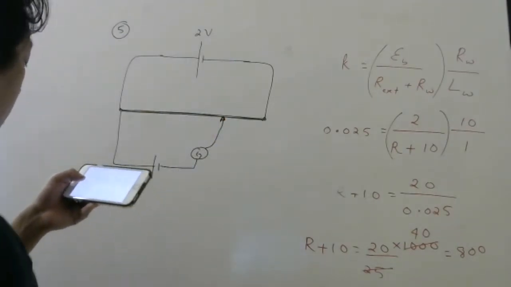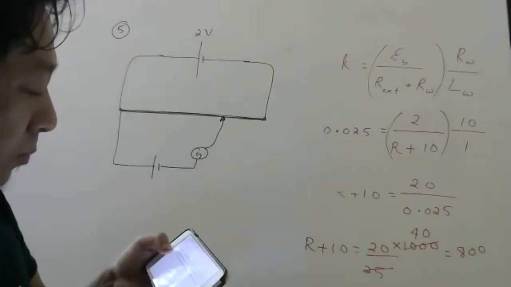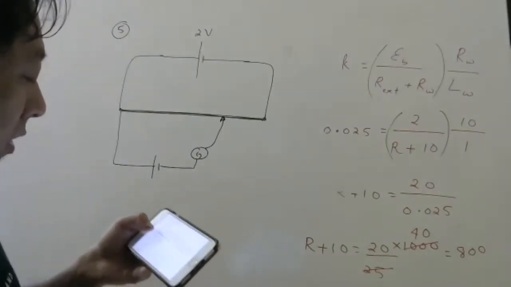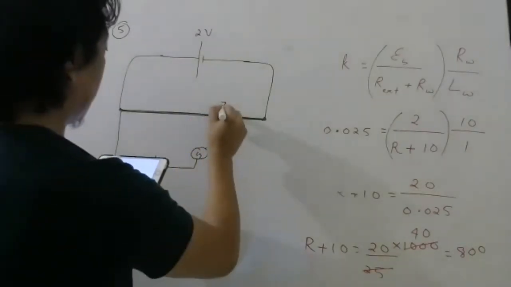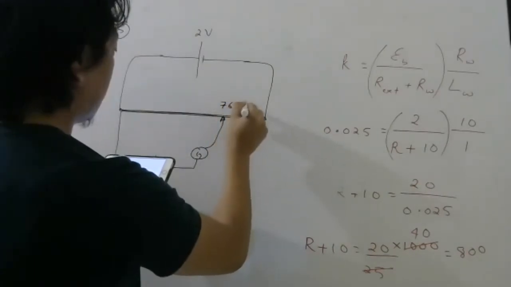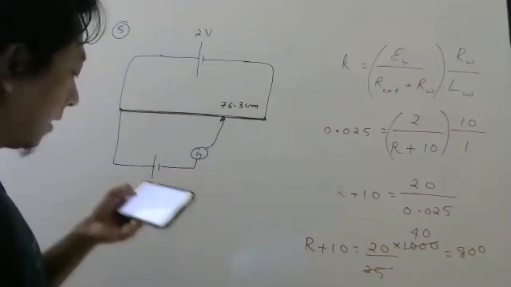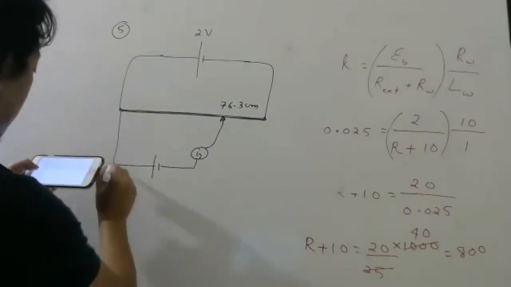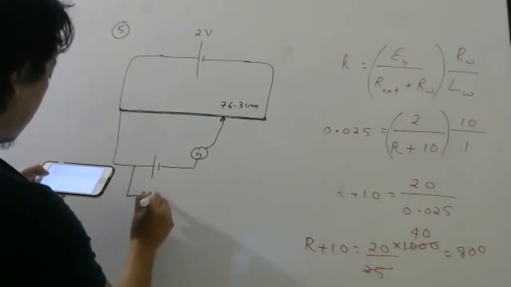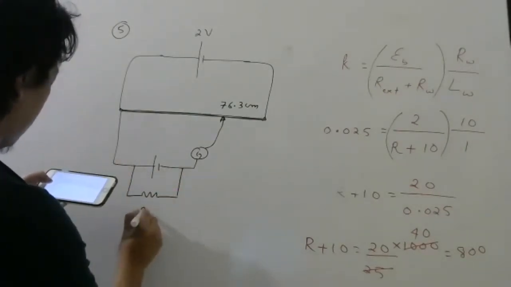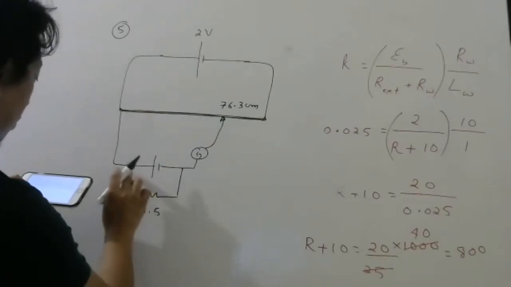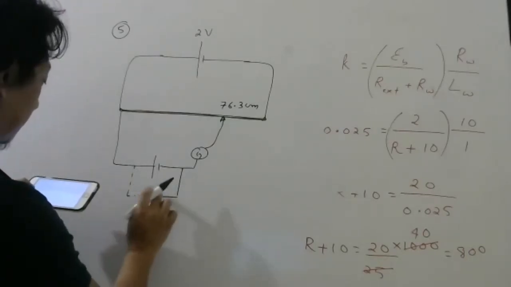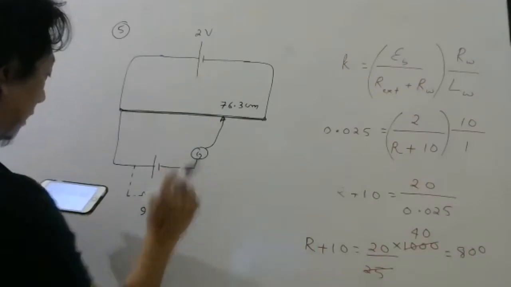The balance point of the cell in open circuit is 76.3 centimeter. Now a resistor of 9.5 ohm is used here, shown with dots like this.